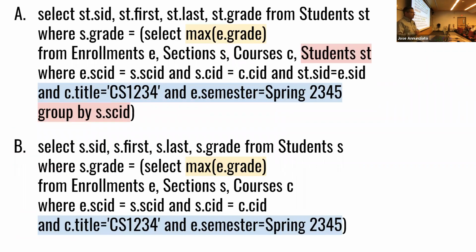So let's take a look at this option here. Notice that this has an outer select statement where we are retrieving student information: student ID, first name, last name, where the grade is equal to some kind of inner query.